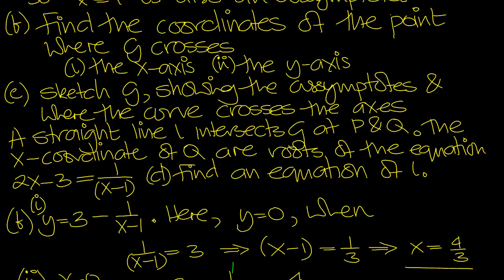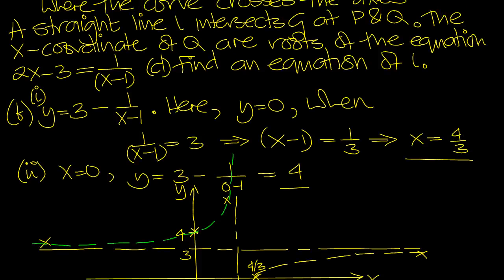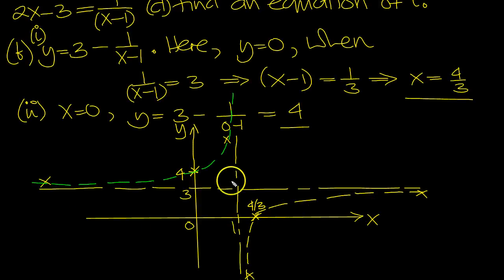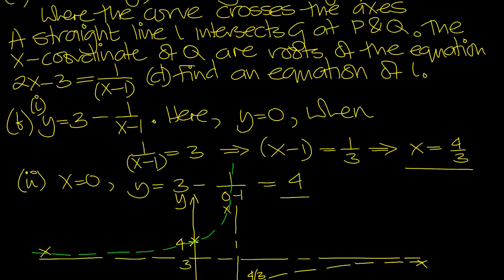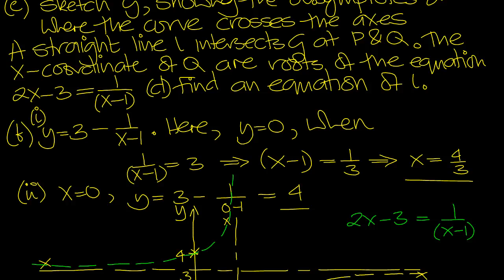Find an equation of L. Ooh, so a straight line L intersects the curve at P and Q. So maybe there's going to be an L. The x-coordinates of P and Q are the roots of the equation 2x minus 3 equals 1 over x minus 1. Find an equation of L.